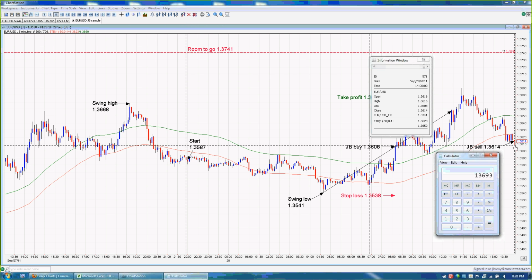And okay, so instead of 693, 614 would be 80 points. Actually 79 points. So we'd round it up by 1 more point, and we'd make our stop 94. And we're getting in at 14, so we're going to risk 80.